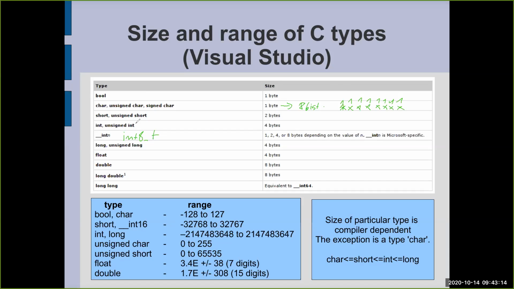In general, in C, to represent integer values we usually use int. To represent floating point values, we use float or double, depending on your preferences. And to represent characters, we use a type which is called char. So in fact, in most applications, we use only these three types.